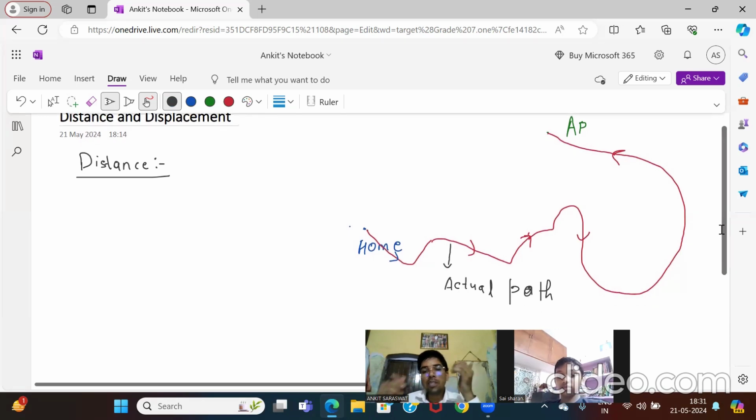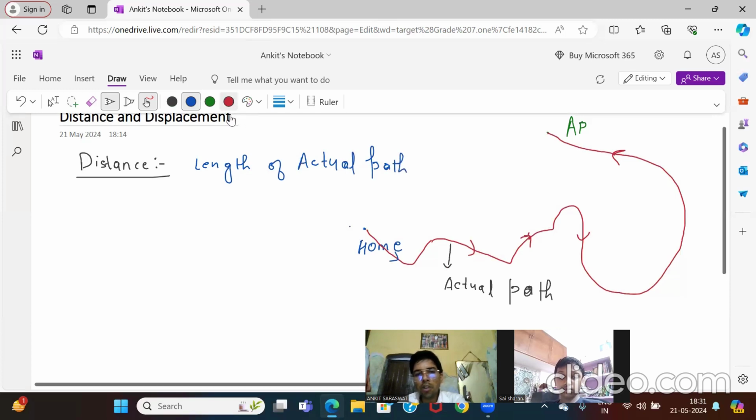So what is distance? Distance is the length of actual path. What is the length of this actual path? That is the meaning of distance.